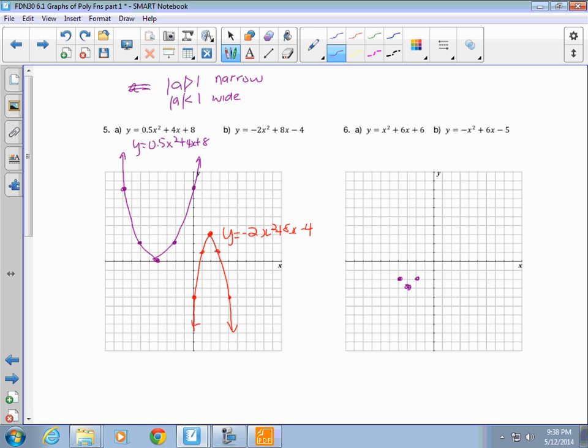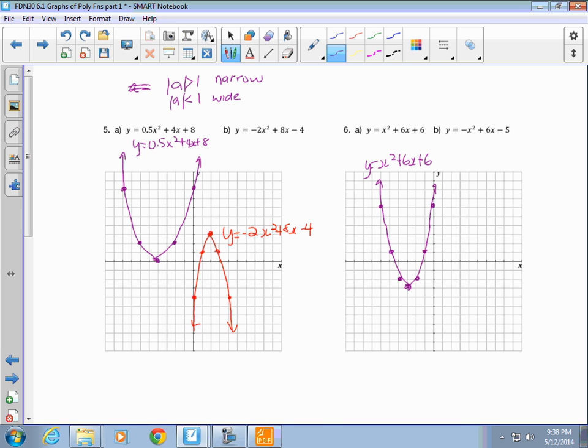I'm going to go over 2 and up 4. Because my a is a 1, I do my normal up 1 over 1, up 2 over 2, up 3 over, sorry, I said those wrong. Over 1, up 1, over 2, up 4, over 3, up 9. So this is y is equal to x squared plus 6x plus 6.